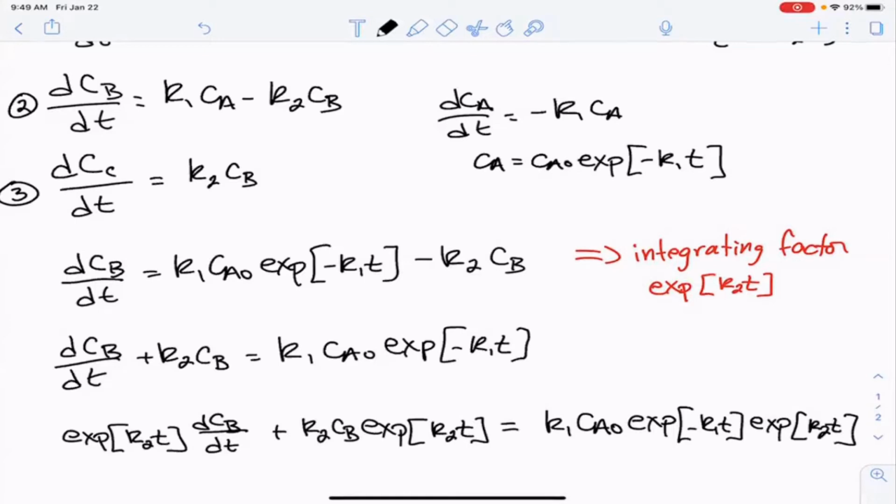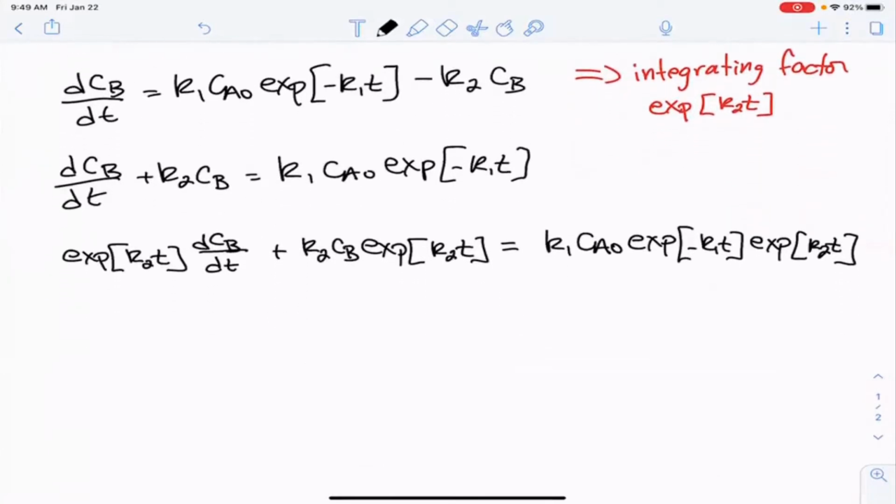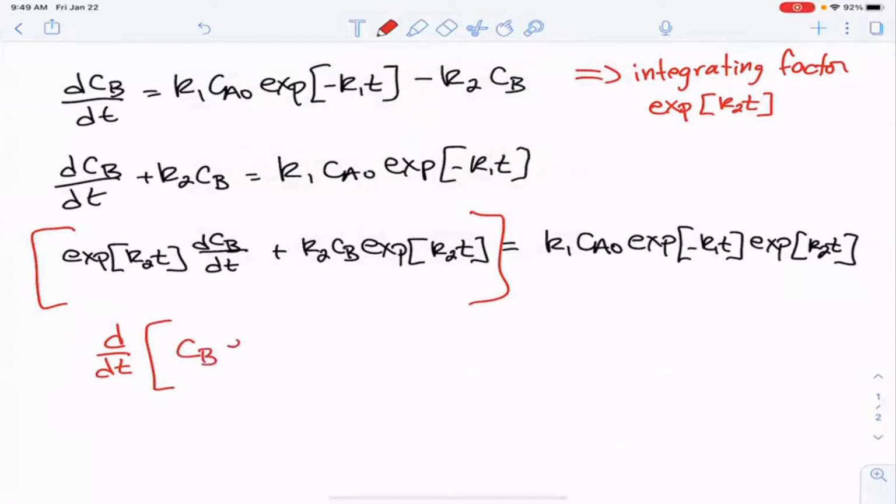And that's me just applying this concept of an integrating factor to both sides of this equation. The reason that we find an integrating factor is to pick on this term here. Because that term, if you look at it carefully, is just d/dt of CB times the exponent of k2t.